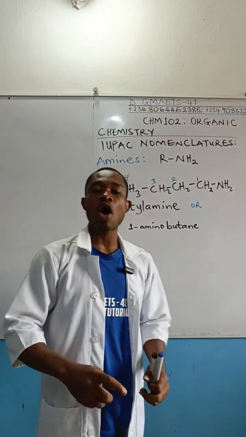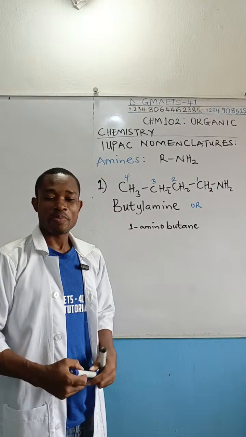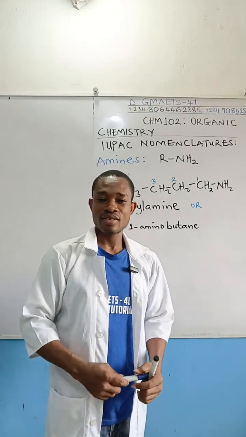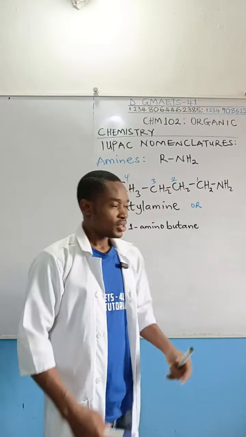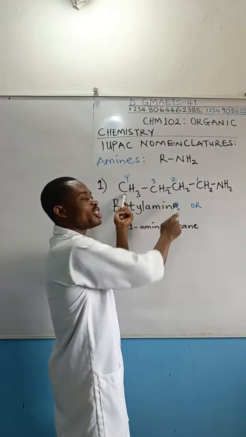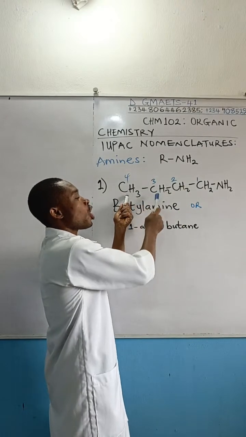Remember I said all 1-amino-alkane, the pattern of the parent name properly is alkylamine. So in this case, you pronounce the alkyl first. This thing you are seeing here is butyl. Butane is C4H10.